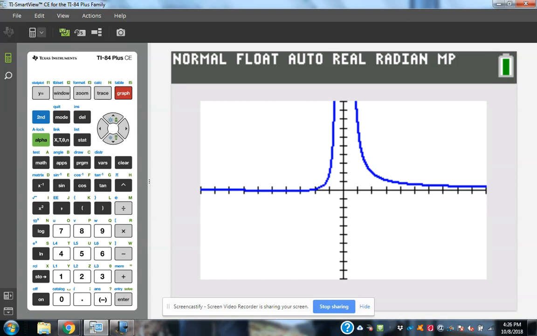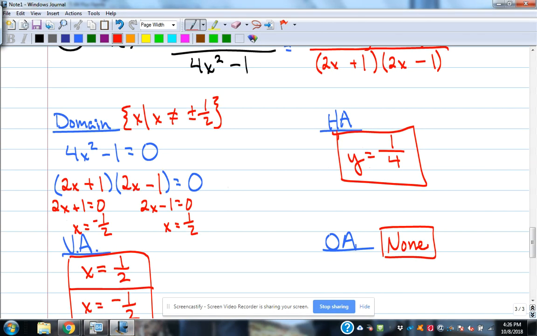You can cross horizontal and oblique asymptotes, but you never cross vertical asymptotes. One of the things you would need to know at some point is, does it cross the asymptote? Well, you can look at the graph and tell if it does. And we'll work on finding where it crosses here in just a little while, okay? So just getting that idea in your head as we start building up to doing that stuff.